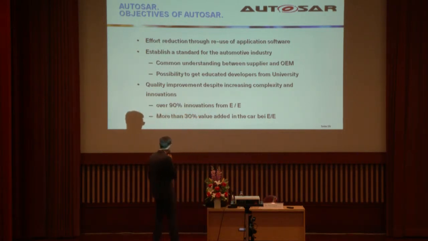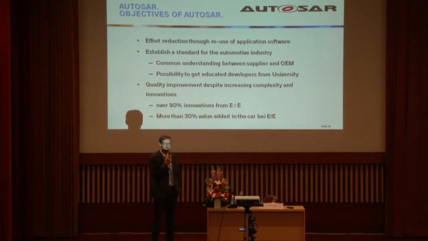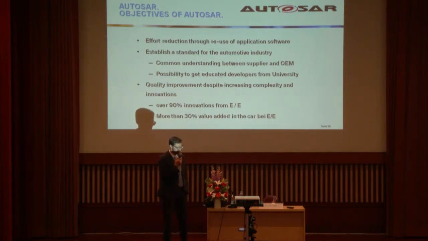This is one thing, and the other is, of course, as Markus already mentioned, that more than 90% of the innovations are from software and electronics, and on average, more than 30% of the value added inside the car is also software or electronics.